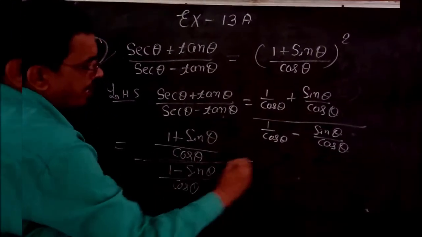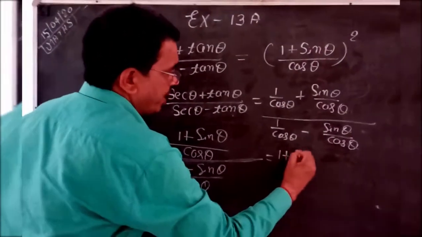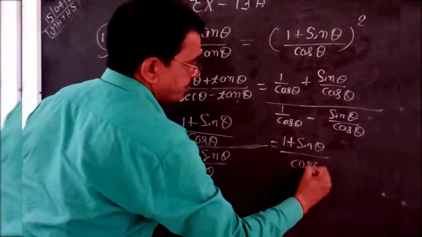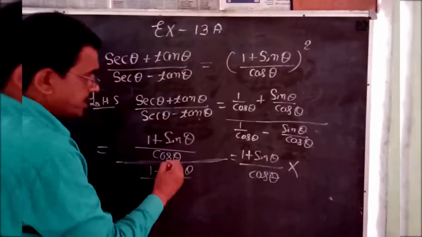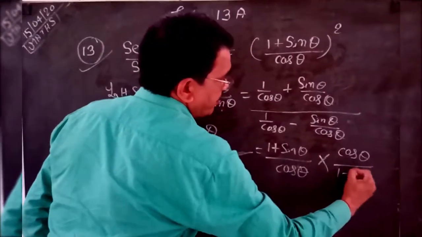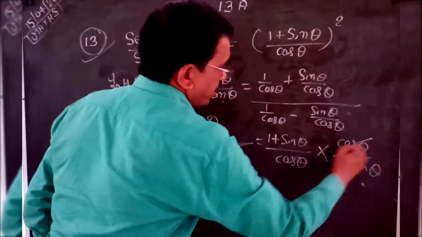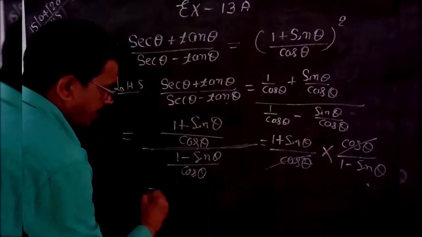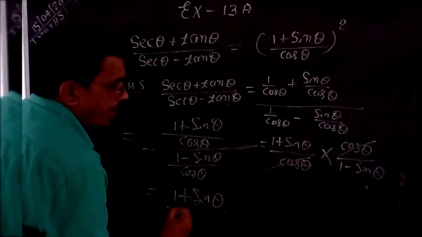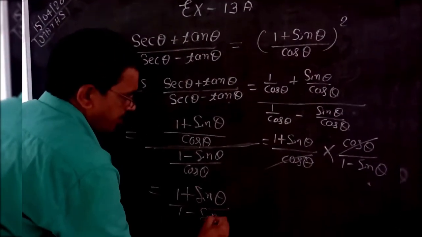This line is a division, so you write 1 plus sin theta by cos theta into, this is the reciprocal, so you write cos theta by 1 minus sin theta. Cos cancels, then you get 1 plus sin theta by 1 minus sin theta.